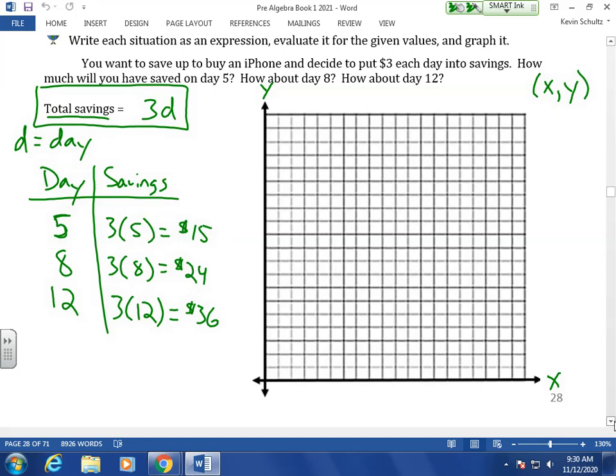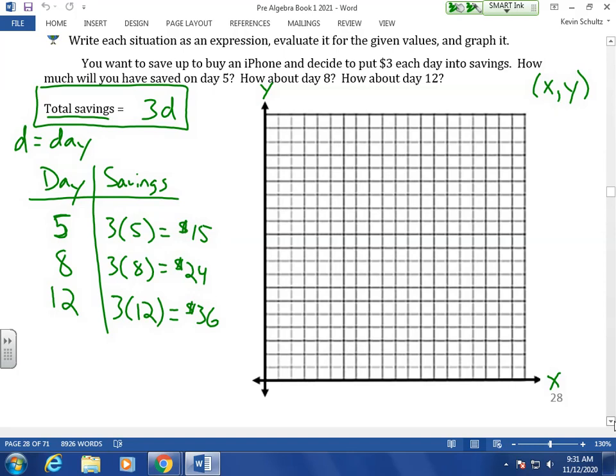You know, if you want to get this iPhone within the next month, is $3 a day going to cut it for you? Oh, day 12, we're only at $36, right? So that information, you predicting this and looking at this and analyzing it, might allow you to decide, I might want to put more than $3 away every day, right?